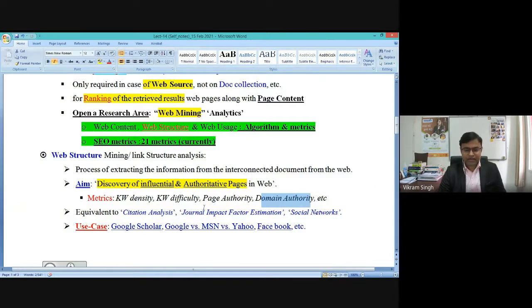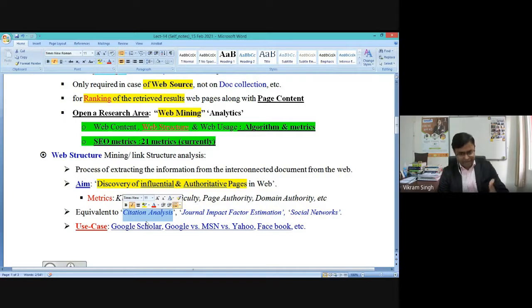So to understand the broad picture of web structure, the role of web structure mining or role of link analysis, link structure analysis, you can always have scenarios like citation analysis. Citation analysis is one of the early applications of link structure analysis, because like we have discussed in the Google Scholar scenario, whenever we are dealing with research articles, it is very important to perform some sort of citation analysis, right?